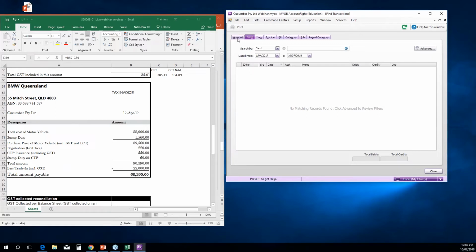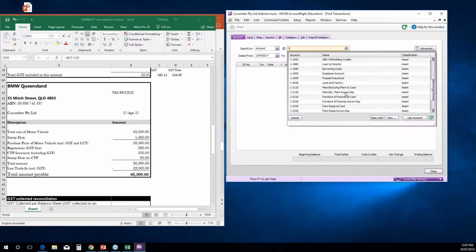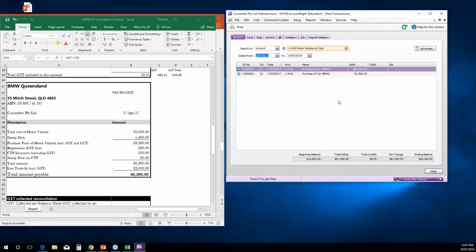So I'm going to look with account. So I will look for motor vehicle. Now showing number one, motor vehicle. Oh, here you go, motor vehicle at cost. And I can see the BMW.